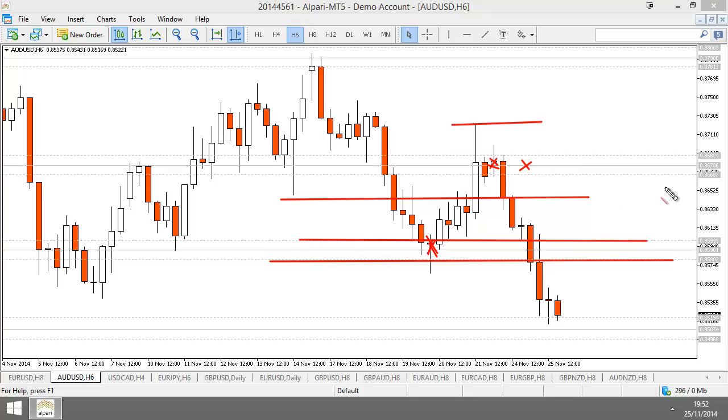Basically, an area of support resistance is just an area of buyers and sellers. This is resistance at this time, so this is just an area full of sellers. Sellers are strongest along here, so I'm placing my area based on where sellers are strongest. That's where the bodies are, that's where the concentration of sellers is. The wicks tend to be just extreme points.